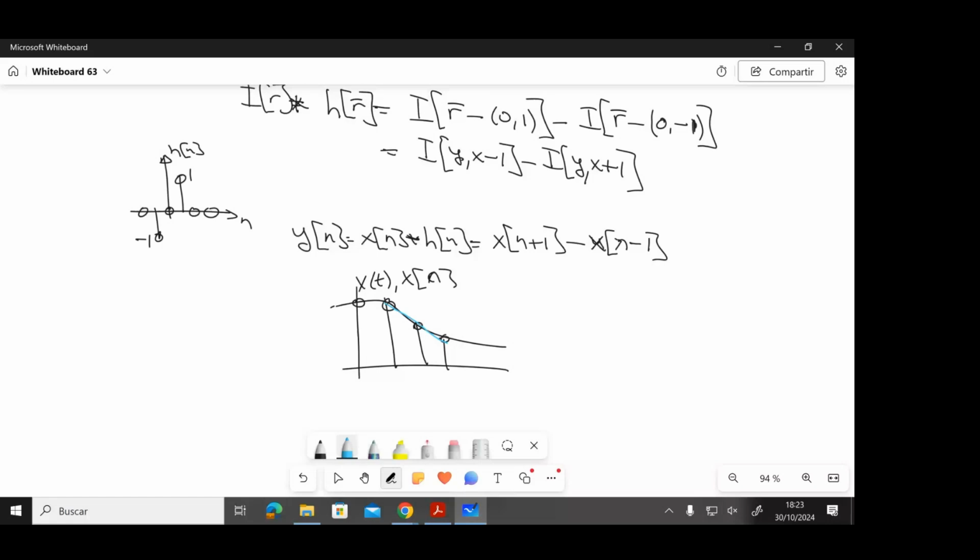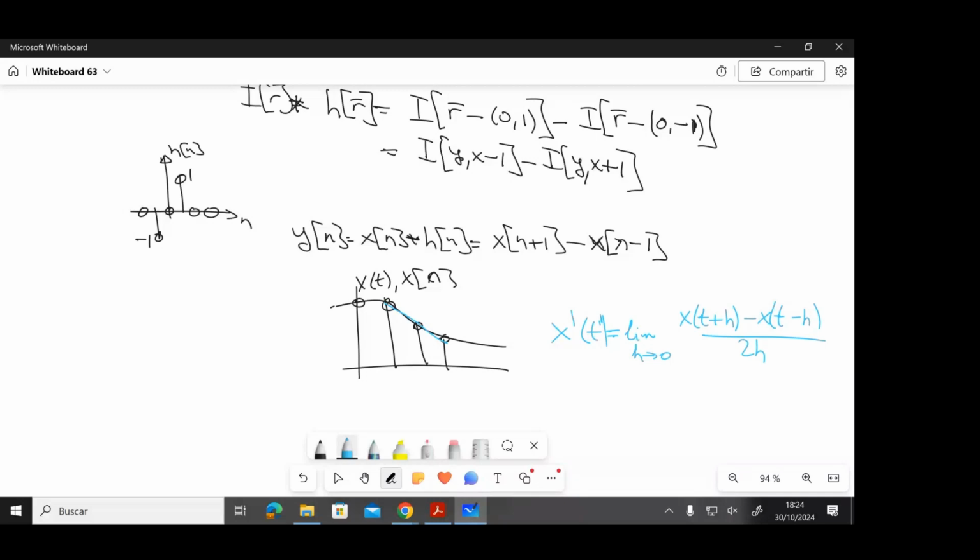So the derivative of the point would be the limit as h goes to 0 of x of t plus h minus x of t minus h, over 2h.